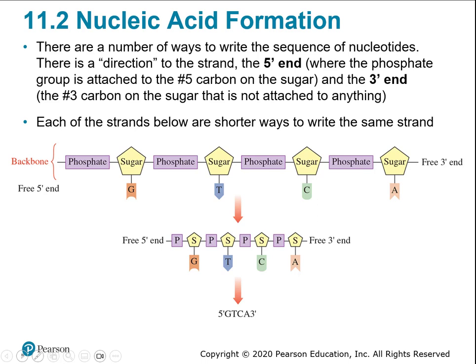So in this, do you see that this is 4 nucleotides linked together? So this, kind of like we did with the amino acids in the last chapter. So do you see each one has a phosphate with the sugar? Hanging off of the sugar is the nitrogenous base. Then there's a phosphate sugar linked to a phosphate sugar linked to a phosphate sugar.